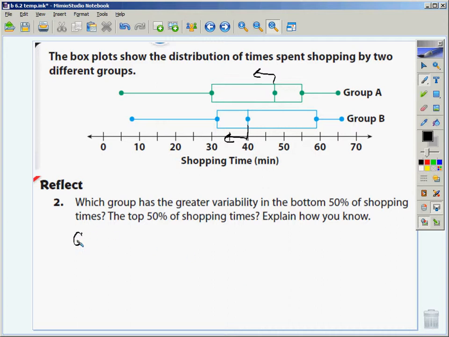Group A does. And I can tell they have more variability because they go from 5 to roughly 47. But Group B only went from maybe 7 to 40. So there's more variability in Group A on the bottom half.